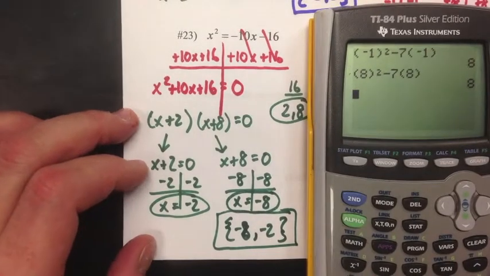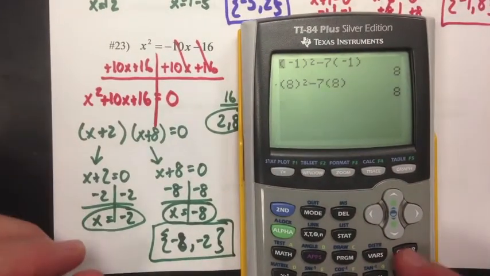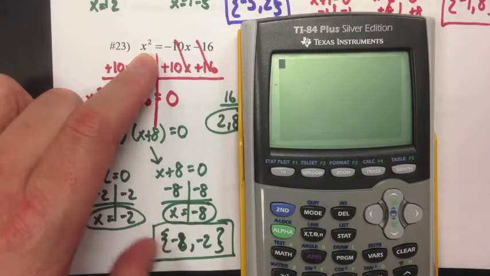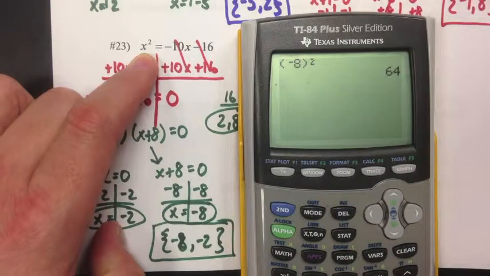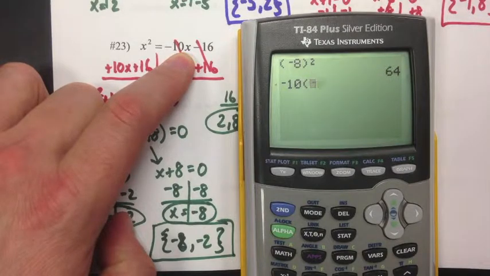Right? If I check it, now I would check, since I have x's on both sides, I would take the x squared. So if I tried negative 8, so negative 8 squared gives me 64. How about negative 10 times x minus 16? Negative 10 times negative 8, and then minus 16.